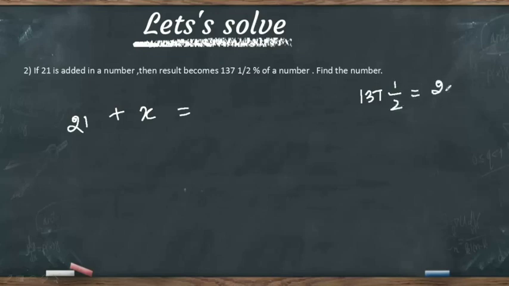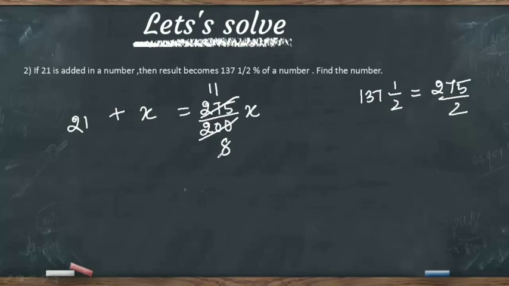It is nothing but 275 by 2. As it is expressed in terms of percentage, we'll write it as 275 by 2 by 100 or 275 by 200 of x. In order to make the calculation easier, let's cancel 275 and 200. 8 times 25 is 200 and 11 times 25 is 275.